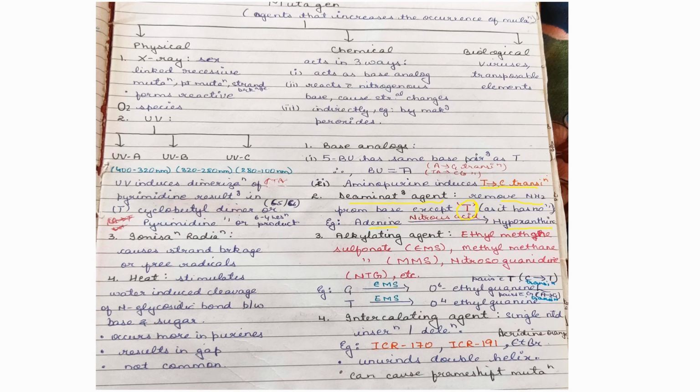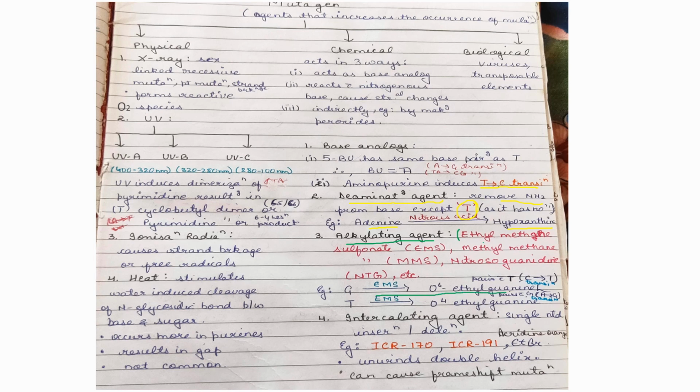Now next is alkylating agent. So you just remember some of these agents, because sometimes the straightaway questions can come from the names only. So ethyl methane sulfonate, methyl methane sulfonate, nitrosoguanidine, and so on. So what they do, they just modify the bases so that the transition takes place.